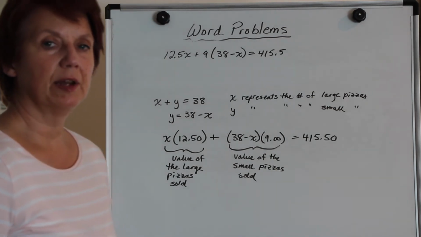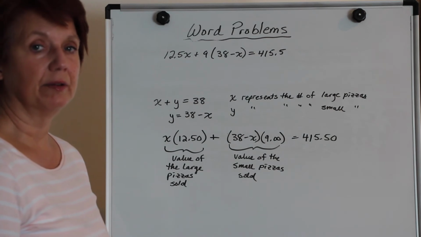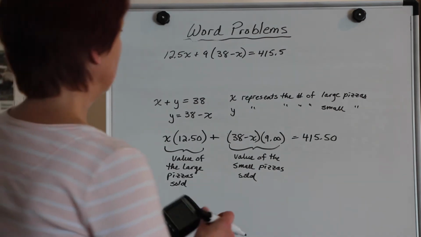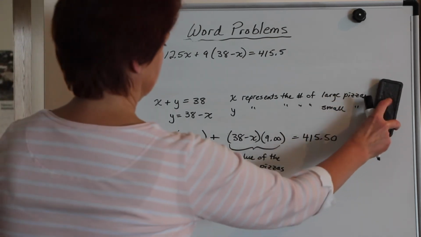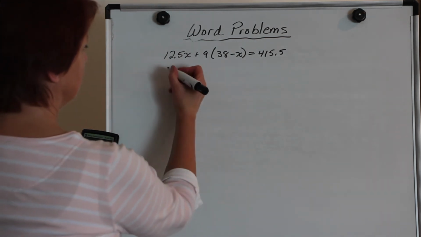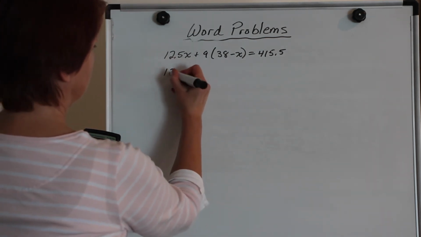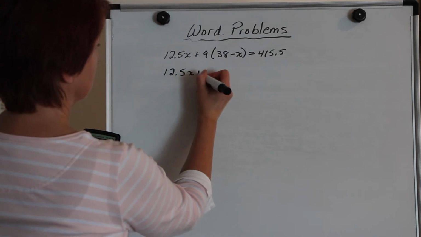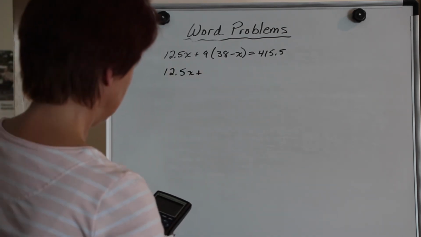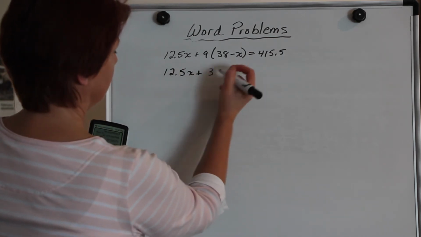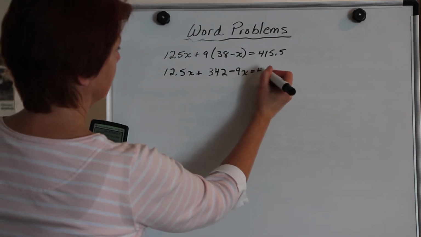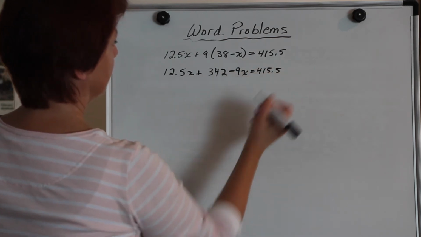So when the numbers start to get a bit bigger, you're allowed to use a calculator. Okay, we just don't want you using it for 6 times 5, because you should know that. So let's get rid of this stuff because you probably have it by now. And let's do the math here. So we have 12.5x. We have to multiply the 9 through. So 9 times 38 is 342, minus 9x equals 415.5.